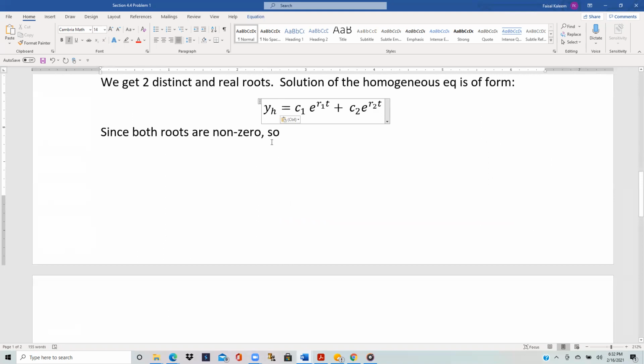Okay, so since both roots are non-zero, none of the terms in y_h is a constant.